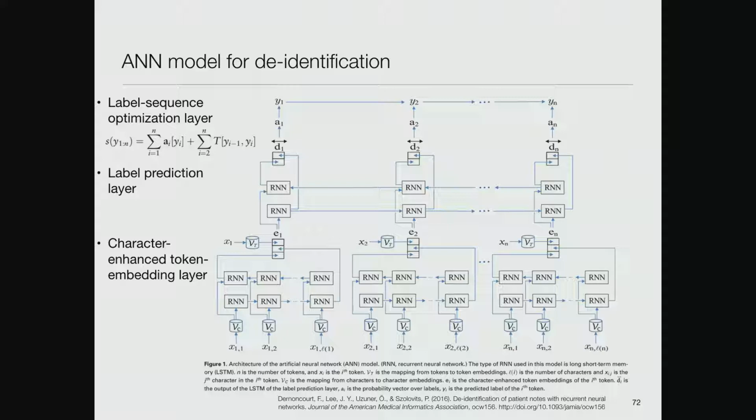And then the top layer is a kind of conditional random field-like layer that imposes a sequential probability distribution that says, okay, if you've seen a name, then what's the next most likely thing that you're going to see? And so you combine that with the probability distributions for each word in order to identify the category of PHI or non-PHI for that word.